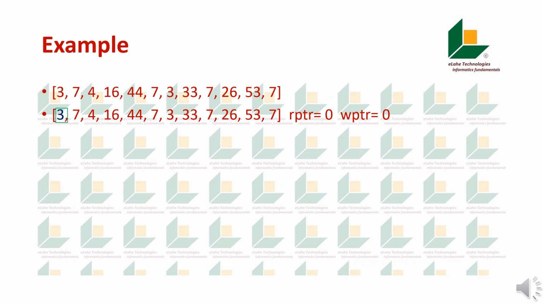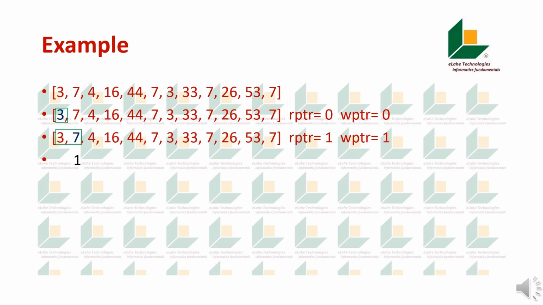We initialize two indices rptr and wptr to 0. The index rptr is the position in the array from where we read. The index wptr is the position in the array where we write. As we scan the array from left to right, we will increment rptr and wptr, retaining their respective meanings.